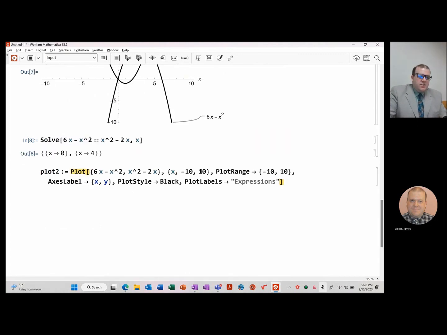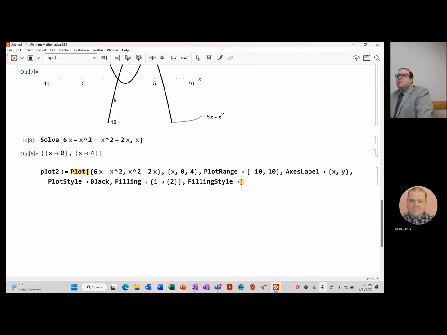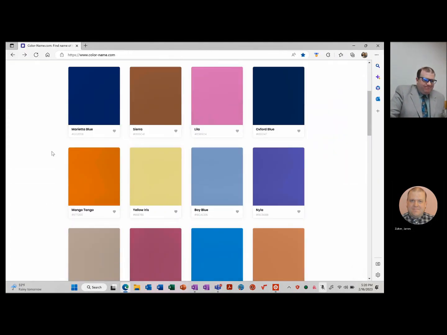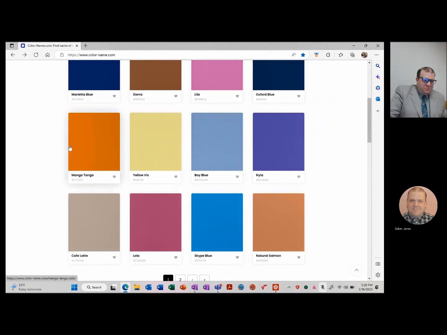Copy and paste, and then just adjust things. All right, so I'm going to go 0 to 4. Keep the plot style, but now I'm getting rid of plot labels. And again, filling graph 1 to graph 2. Now for the style. It sounds cool.